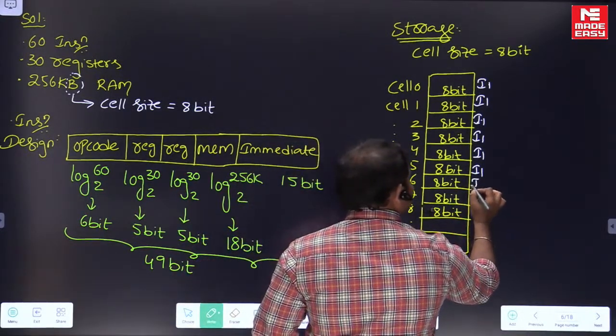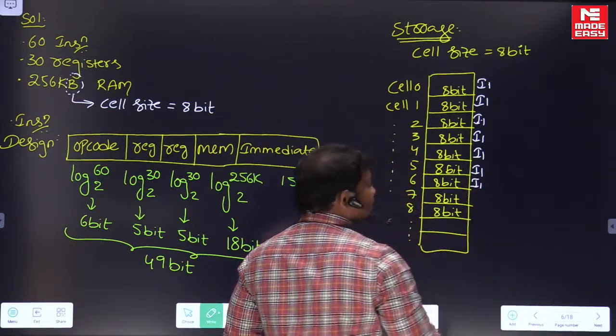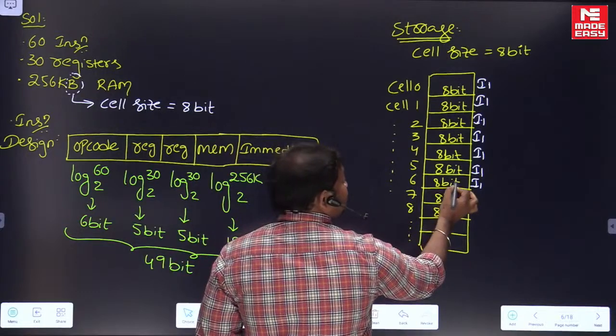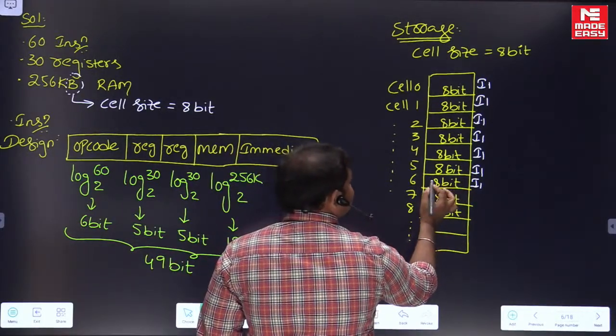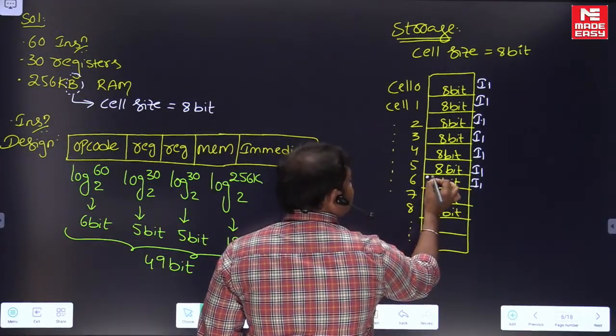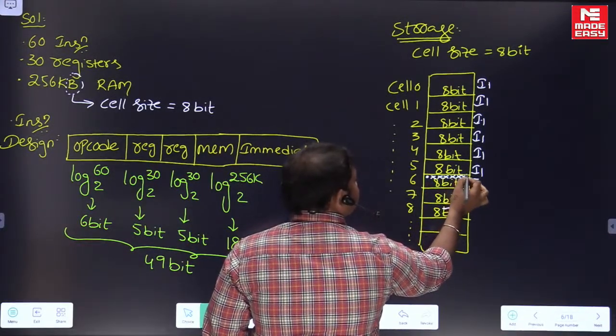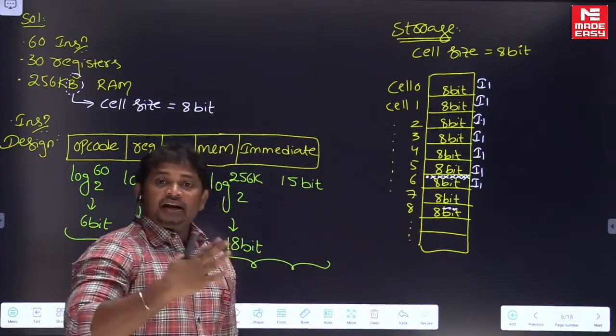But the instruction size is how much? 49 bit. Therefore, the 7th cell is also required. In the 7th cell, 8 bit space is there, but we are using only 1 bit space and the remaining 7 bits are unused.